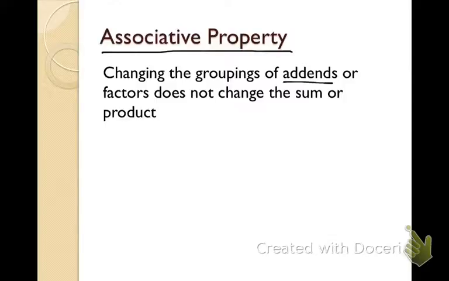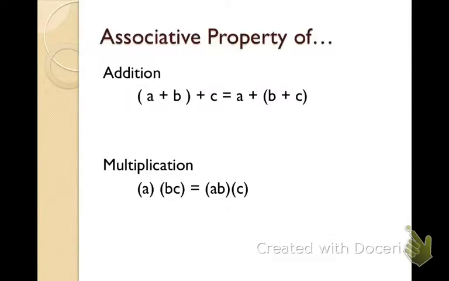So this just means if I'm adding or if I'm multiplying, it does not change the sum or the product of the associative property. It's always good to have an example to show this. So again, pause the video, copy this down, and then listen when you're ready. So hit play when you're ready.